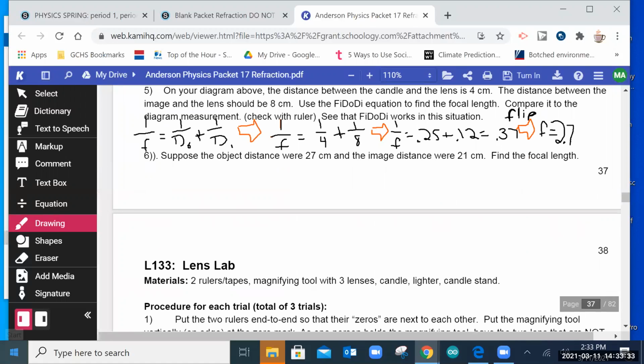Okay, Bianca, the F is what we're looking for. What number do I put in for the DO here at the bottom of the fraction? 27. 27, thank you.